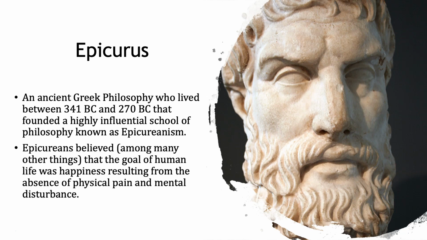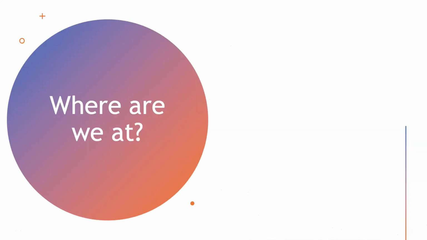Now, the Epicureans believed, among many other things, that the goal of human life was happiness, resulting from the absence of physical pain and mental disturbance. So here we can see why the Epicureans are brought up when we're talking about hedonism, whether it's a fair comparison or not.